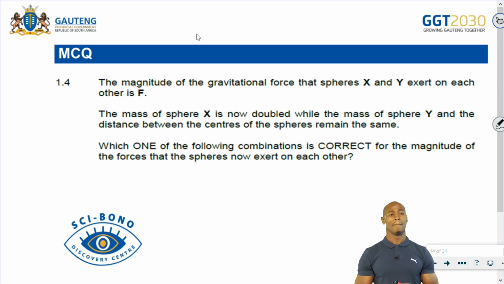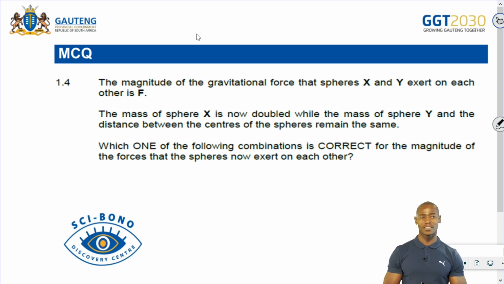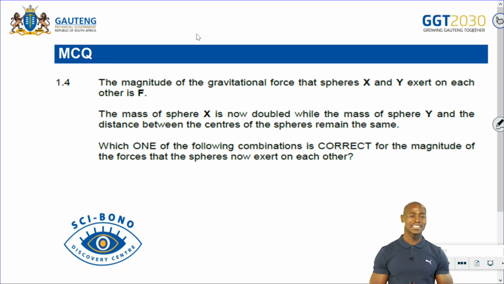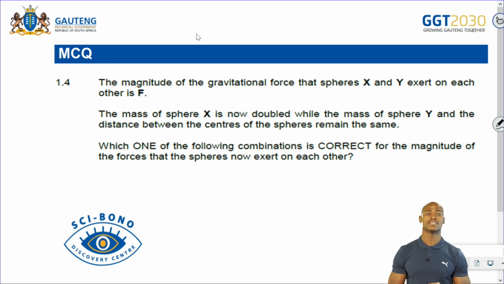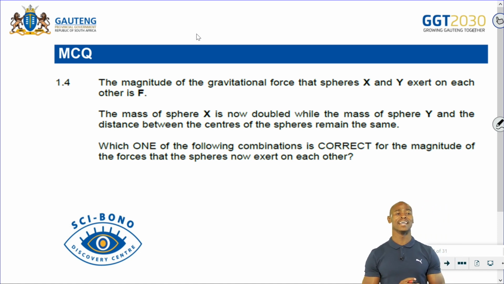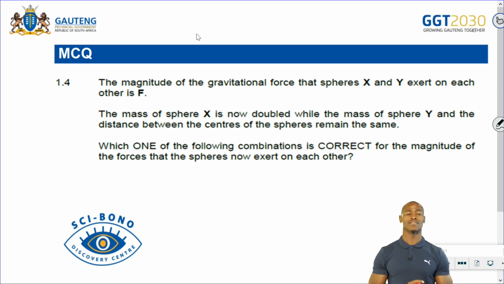The magnitude of the gravitational force that spheres X and Y exert on each other is F. So initially they exert a force of F. The mass of sphere X is now doubled, while the mass of sphere Y and the distance between the centers of the spheres remain the same.